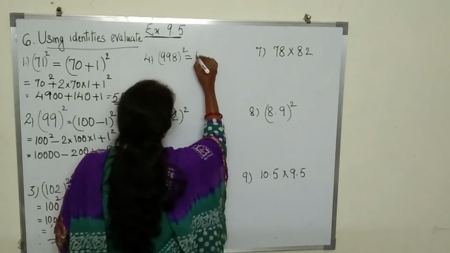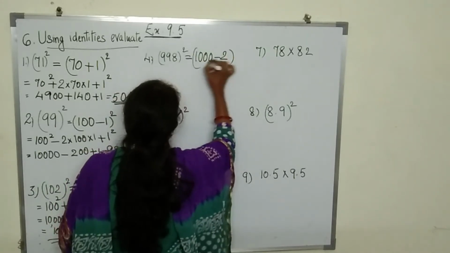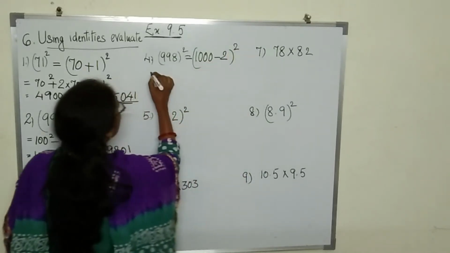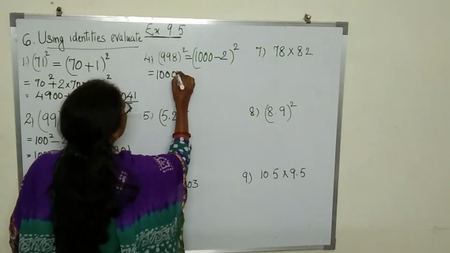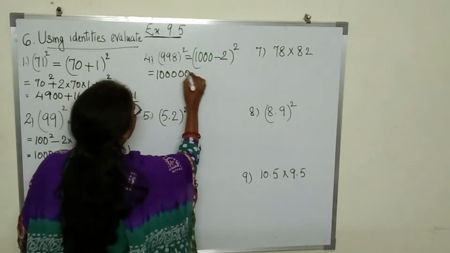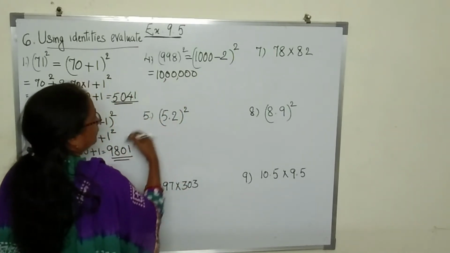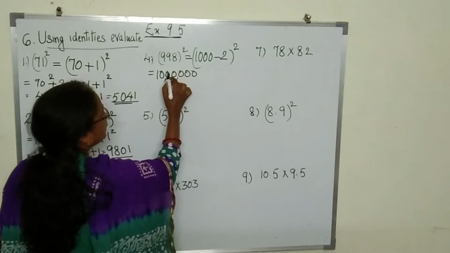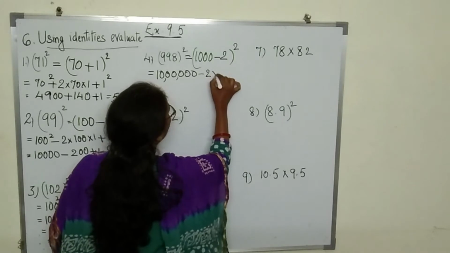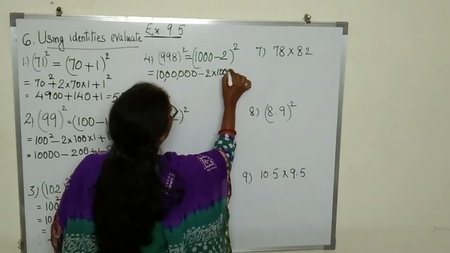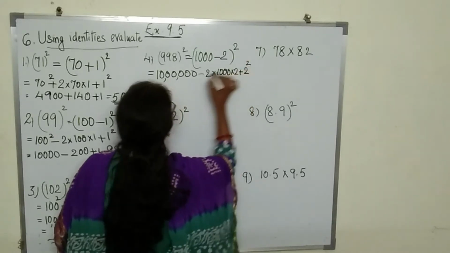So (1000 minus 2) whole square, which is equal to 1000 square, that is 10 lakh, minus 2 into 1000 into 2 plus 2 square.